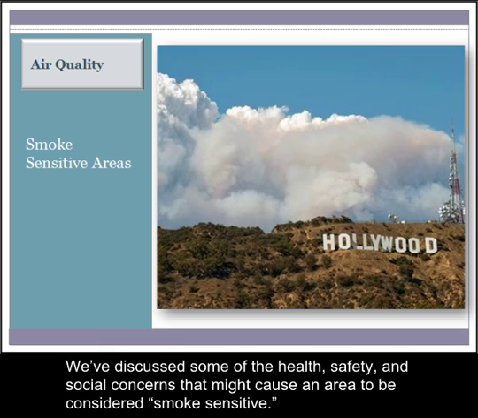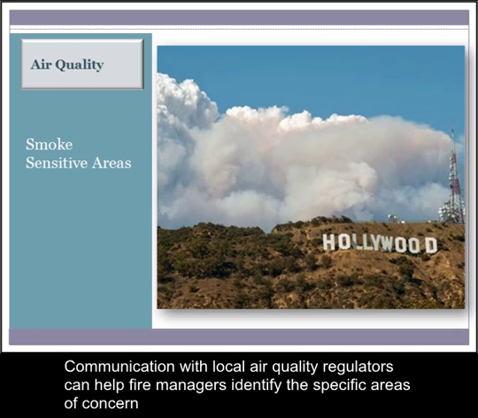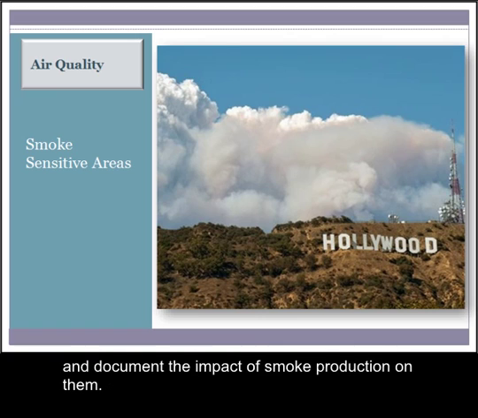We've discussed some of the health, safety, and social concerns that might cause an area to be considered smoke-sensitive. Communication with local air quality regulators can help fire managers identify the specific areas of concern and document the impacts of smoke production on them.